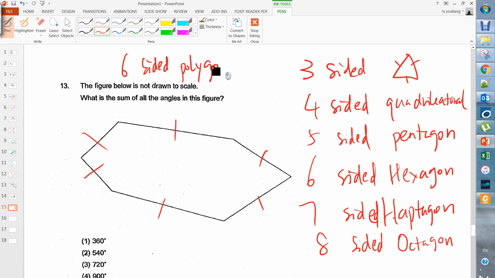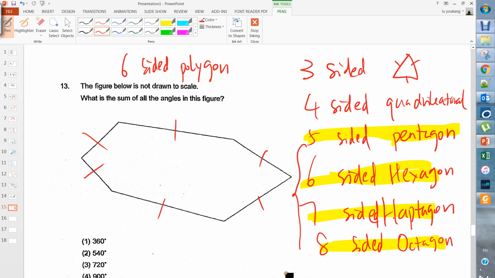All the names here are called regular shapes. I will show you what are regular shapes.